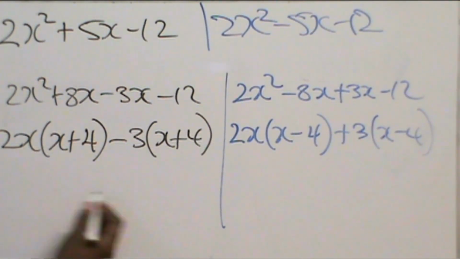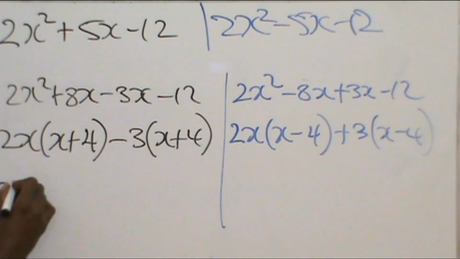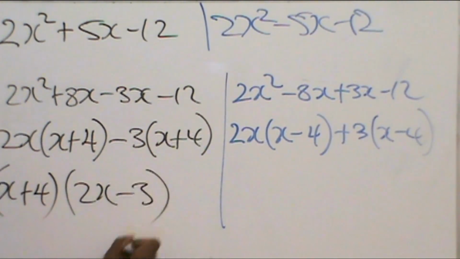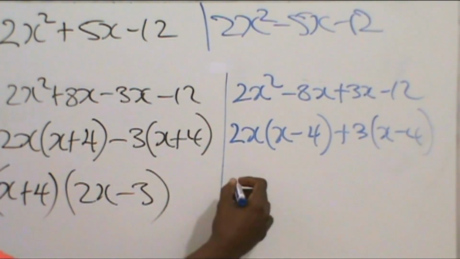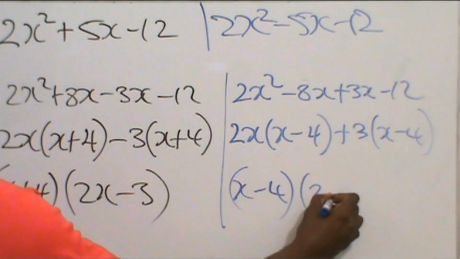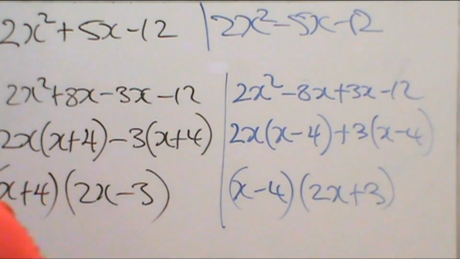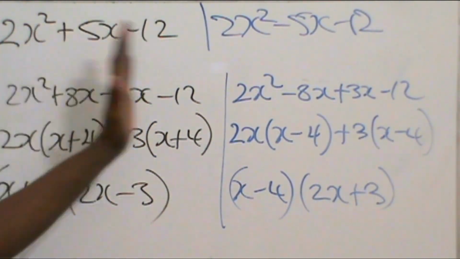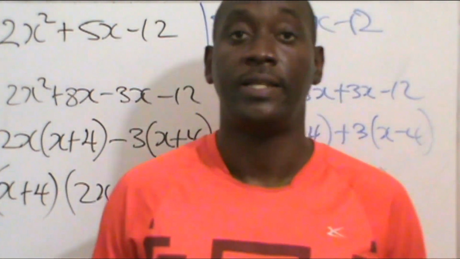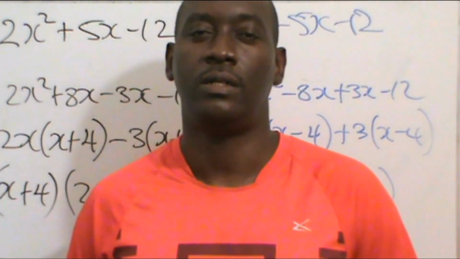In this case here, you have x plus 4 as a common factor: x plus 4 into 2x minus 3. And in this case, you have x minus 4 into, not the same, 2x plus 3.